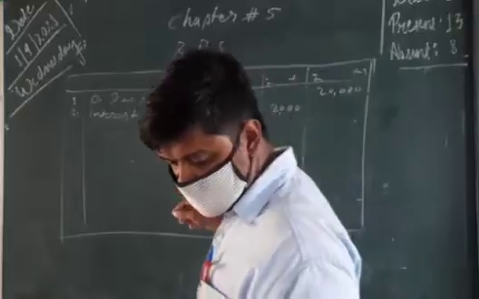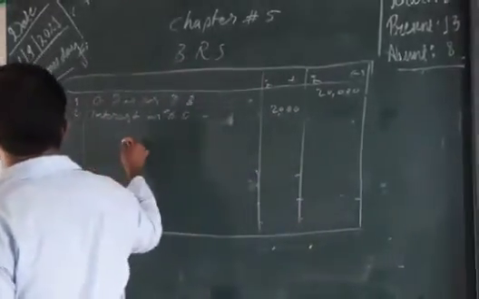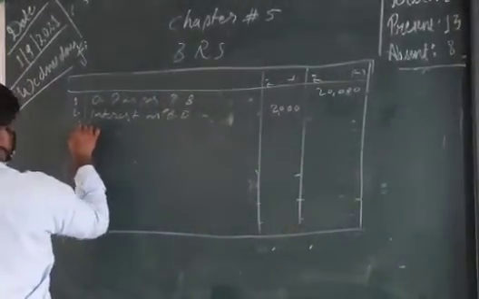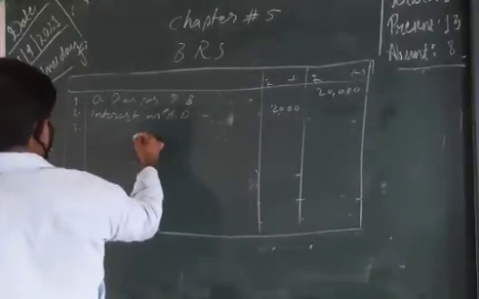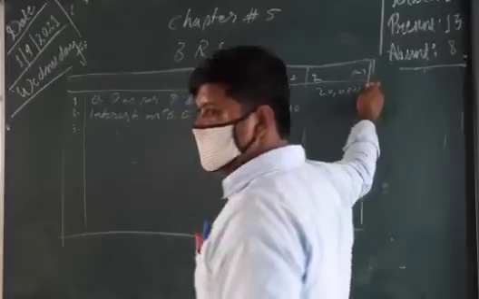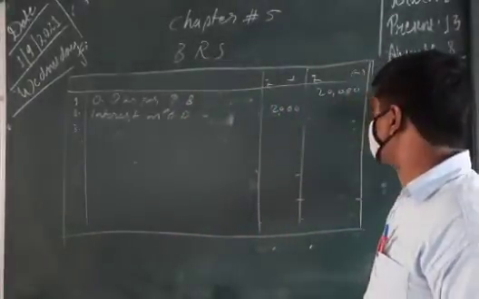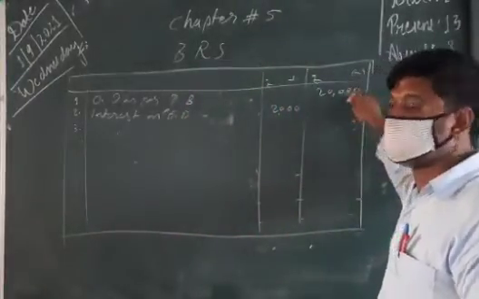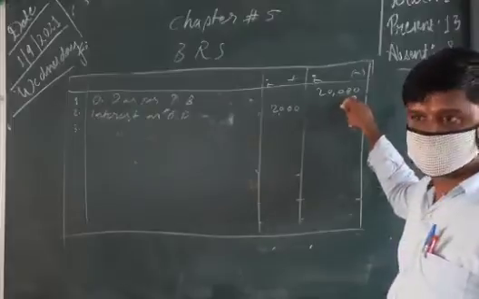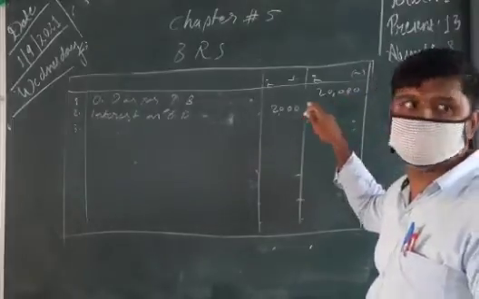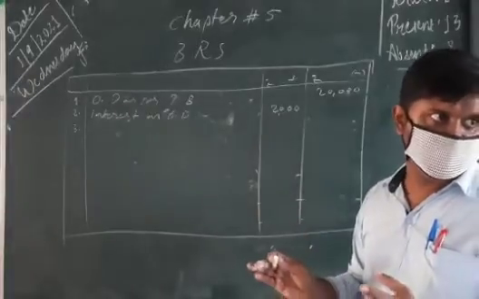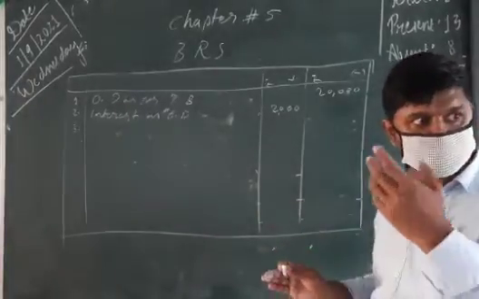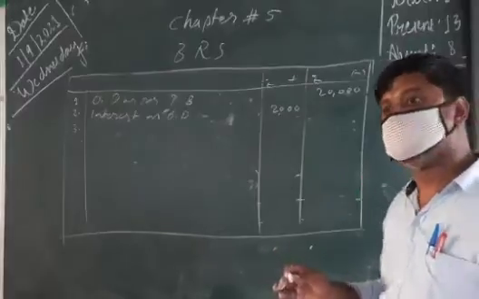Next item is insurance premium. That also you can see, one amount the bank has reduced here. After reducing this only, the bank got this amount. That is not taken place in the cash book. In the cash book that amount actually is to be reduced, but that is not reduced.